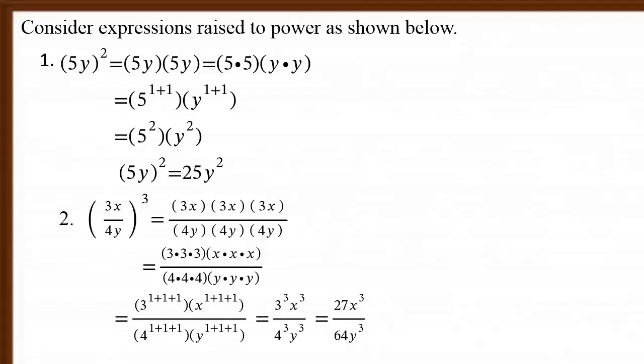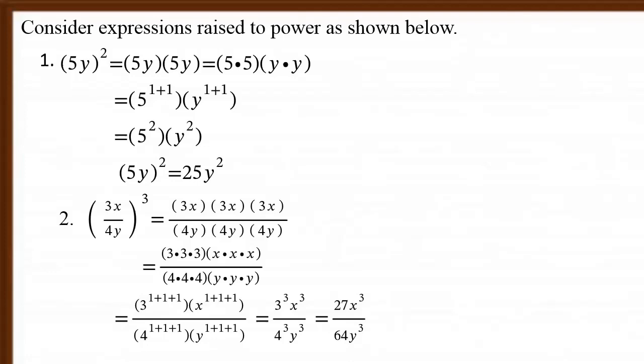Number 2, we have 3x over 4y raised to the 3rd power, or 3x over 4y cubed. So we have 3x times 3x times 3x all over 4y times 4y times 4y.